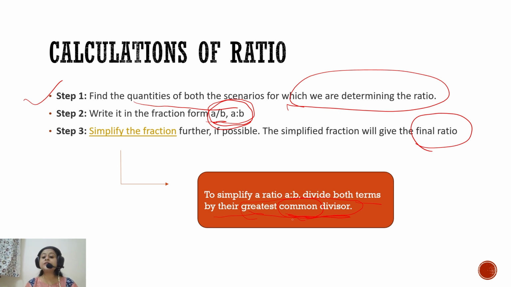It may be 2, 3, 4, 5, whatever it is. And if you get multiple common factors, then you have to consider the biggest or greatest of those common divisors.